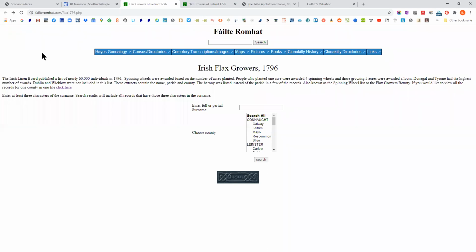So there are three things that are normally used as census substitutes in Ireland, and none of them capture everybody.